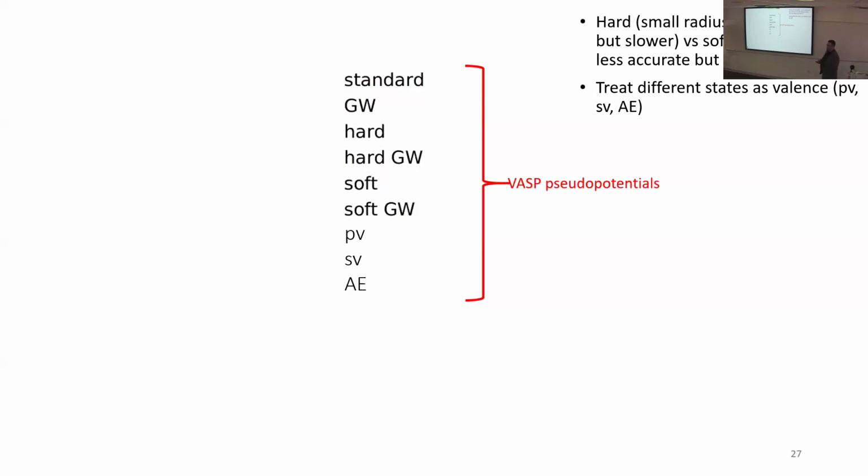They're less accurate, but they're much faster to perform as well. There are also the PV and the SV pseudopotentials, and these treat valence electrons differently. For example, the PV treats the p electrons as valence electrons. There's also the AE pseudopotentials, which treat all electrons, but they only do that for the first three elements on the periodic table. So hydrogen, lithium, and whatever the third one was.